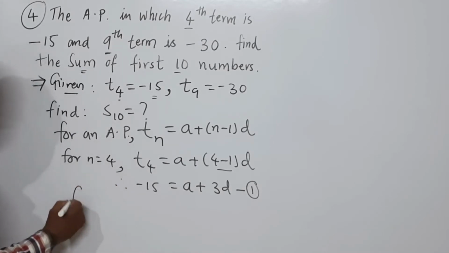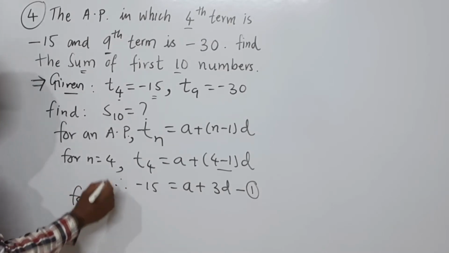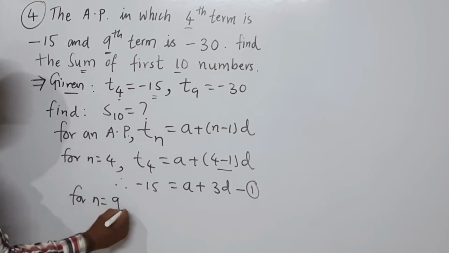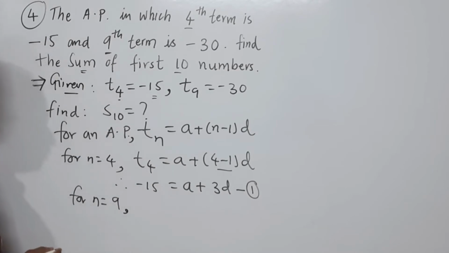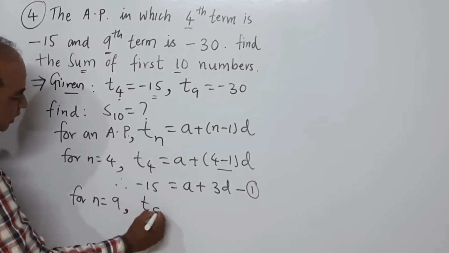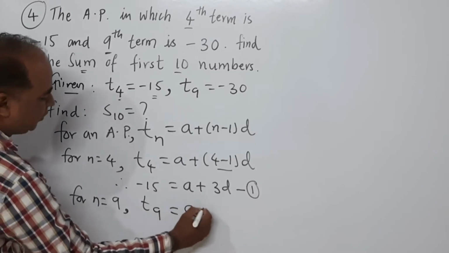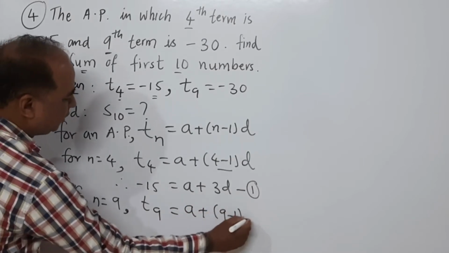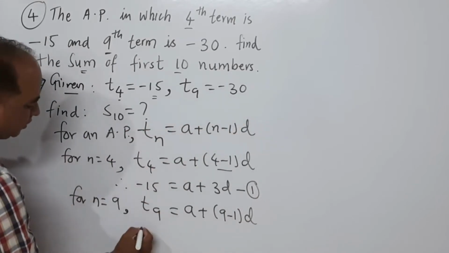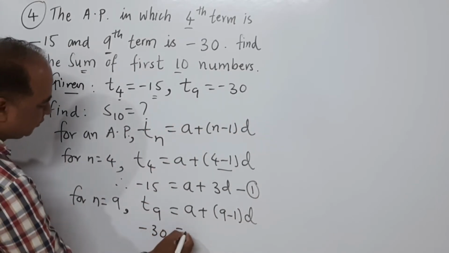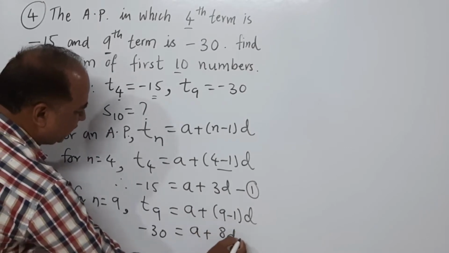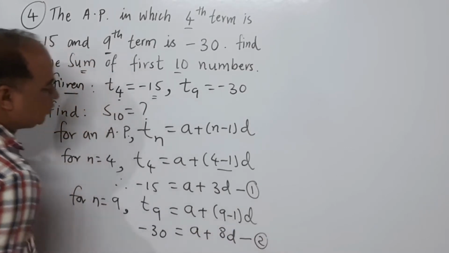Now for n is equal to 9, in the same formula Tn is equal to A plus n minus 1 into D, we will substitute n is equal to 9. So T9 is equal to A plus 9 minus 1 into D. T9 is given as minus 30. So minus 30 is equal to A plus 9 minus 1, that is 8D. Equation number 2.